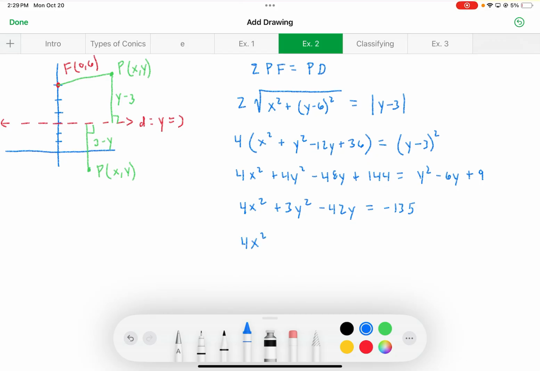Okay, nothing to complete the square on for x because I don't have a linear term. So just carry that down. For y, I'm going to pull a 3 out.